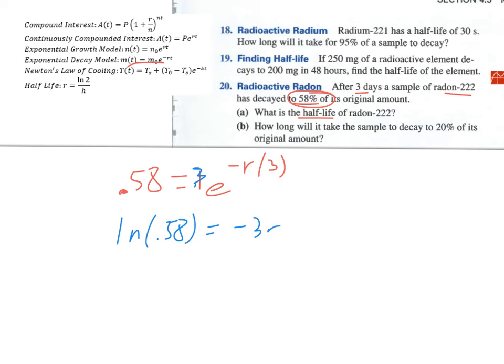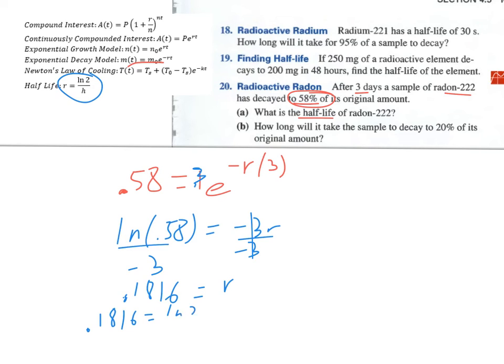ln of 0.58 equals negative 3r, and we'll divide that by negative 3. So r equals ln 0.58 divided by negative 3. So that's 0.1816, let's call it. Now that is r, but that is not the half-life. I can use, though, the half-life formula to now solve for that. So I know that 0.1816 equals ln2 over h.